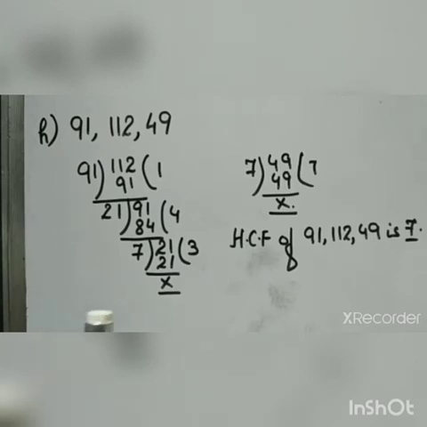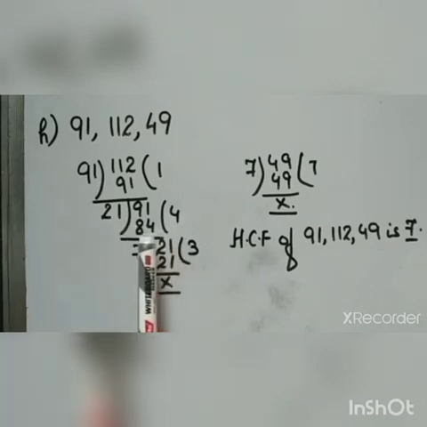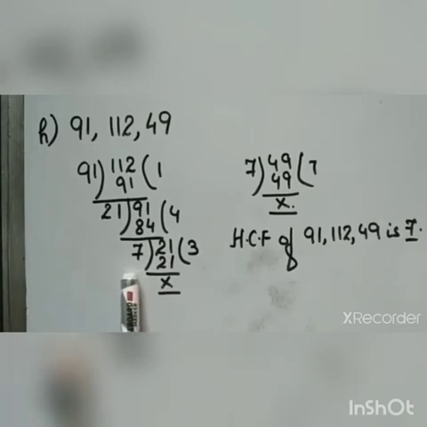So 91 ones are 91, remainder is 21, and this remainder will now act as divisor and that 91 will act as dividend. So 21 fours are 84, remainder is 7. So 7 threes are 21, remainder is 0.